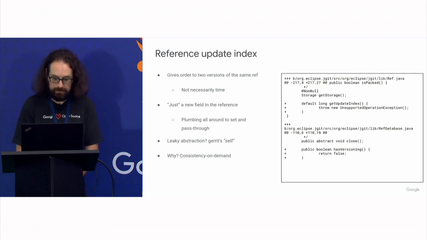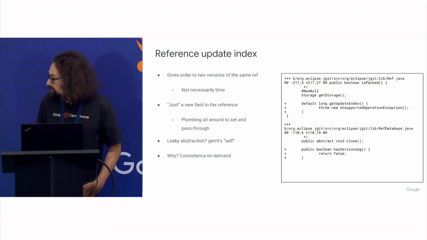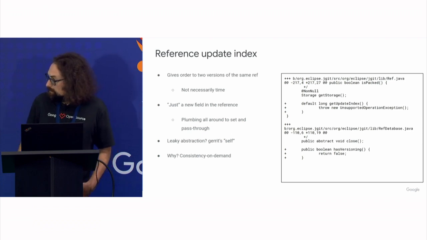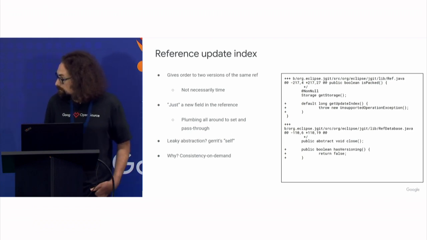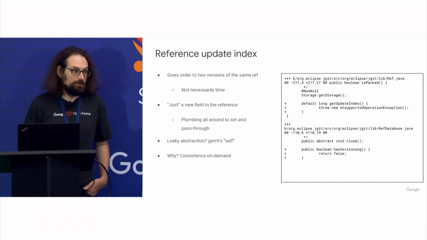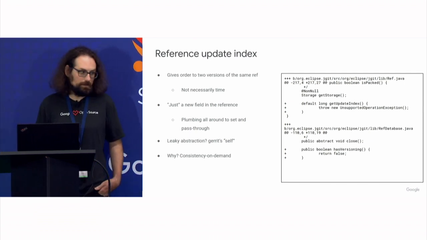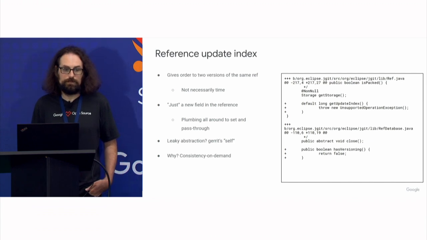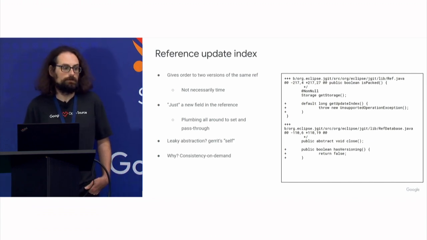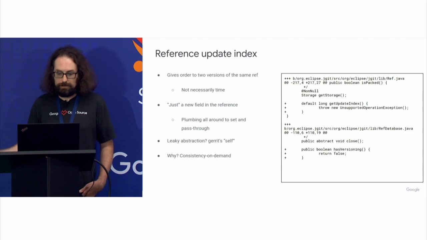And this seemed to be a very good idea until we built it with Gerrit, and I discovered that one implicit assumption we made here was that the references are always created by the reference database, which means that we would have control of the update index.